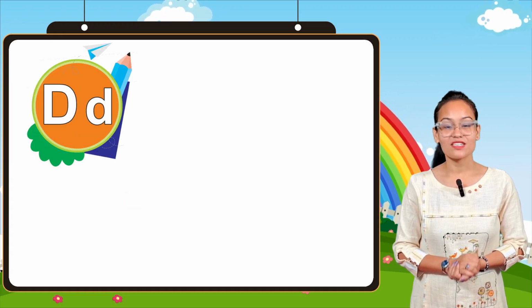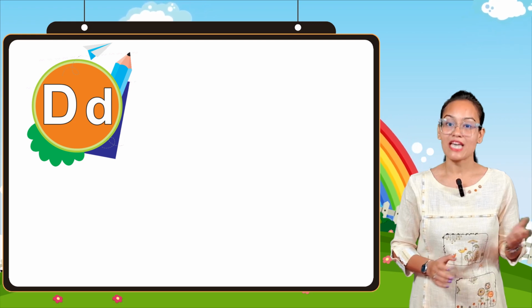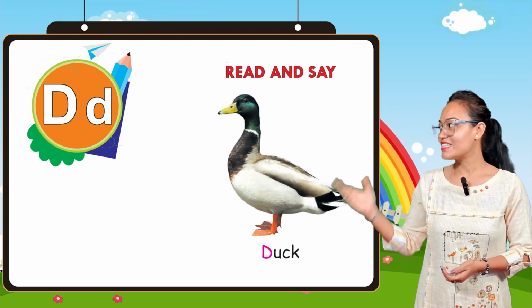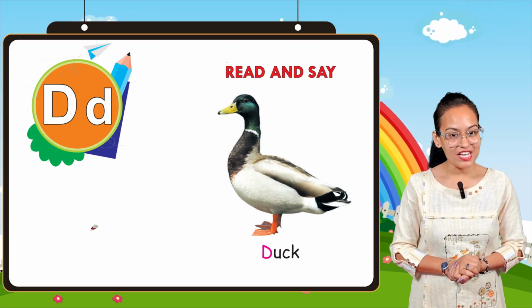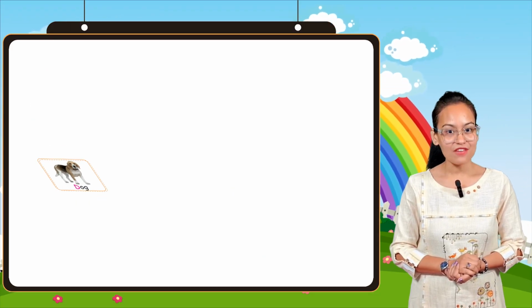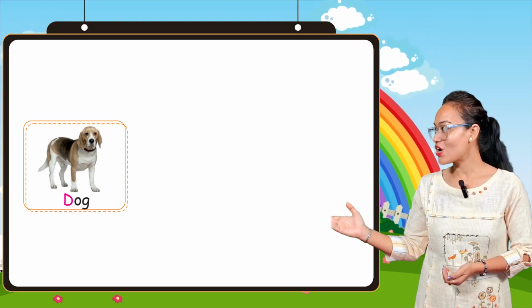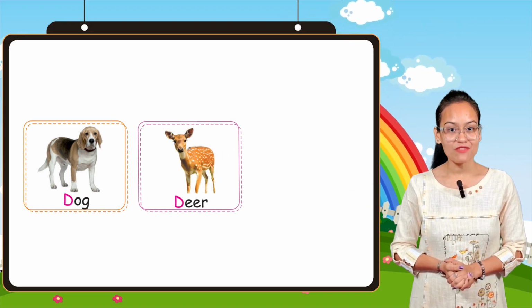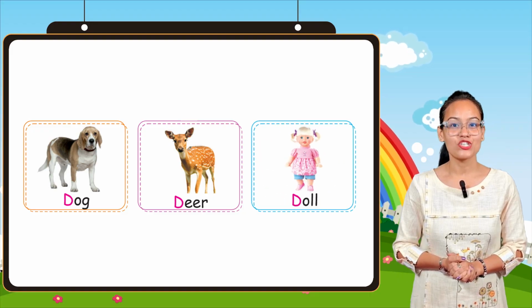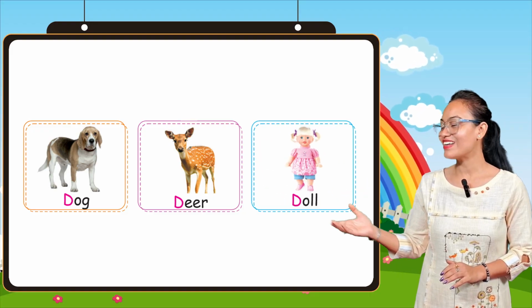Next alphabet is D. Capital D, small d. D for duck, D for drum, D for dog, D for deer, and D for doll.